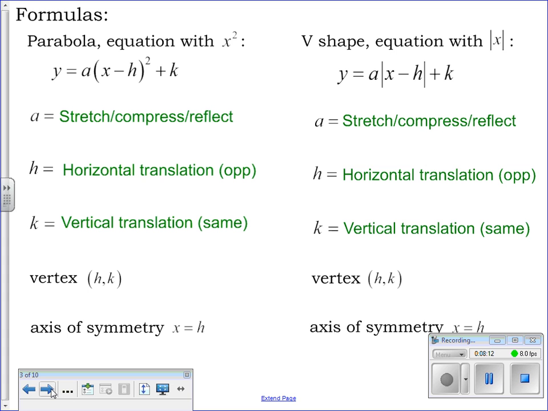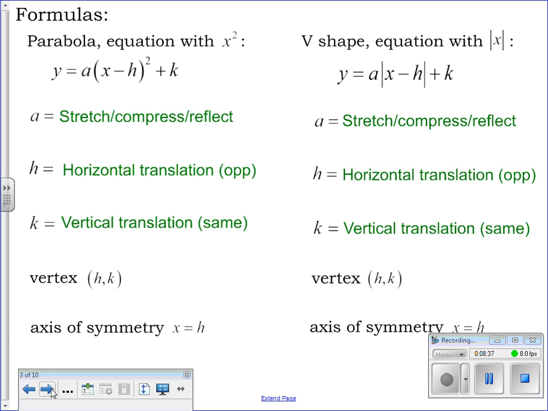And your goal is, by the end of today, and well before the test, which you will be taking next week on Thursday, if I give the equation y equals 2x squared plus 3 minus 4, you can sketch that.